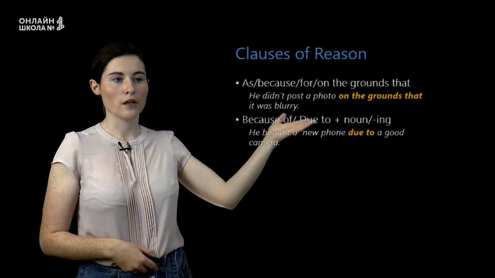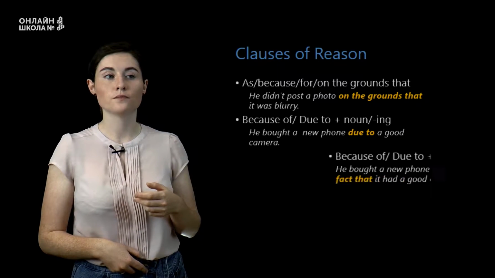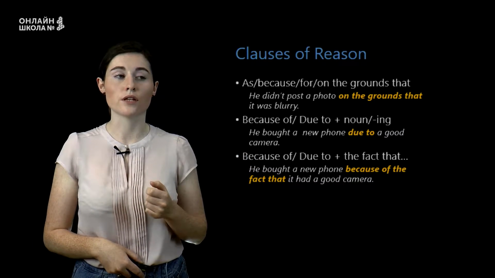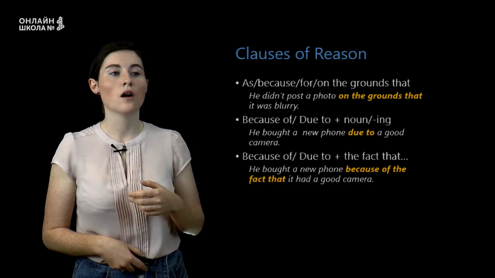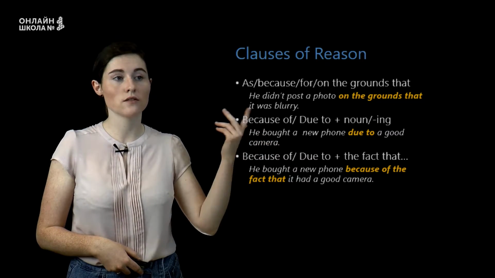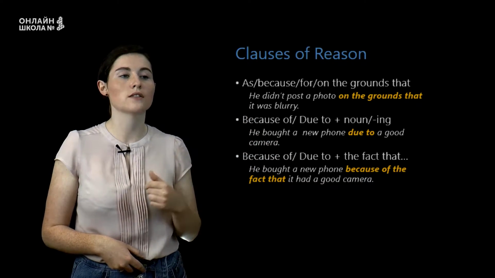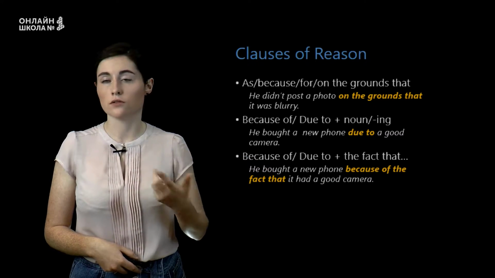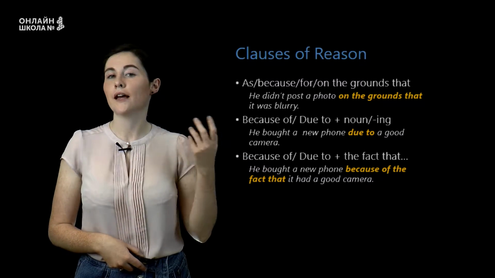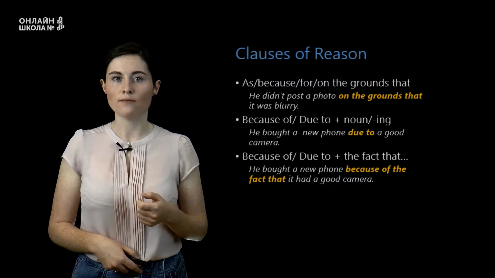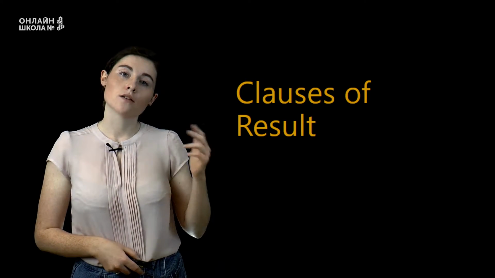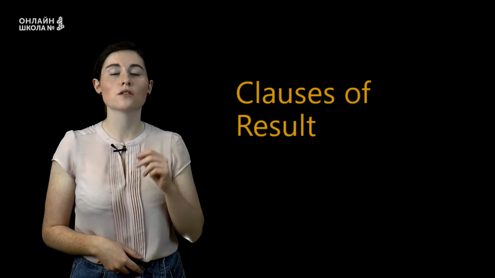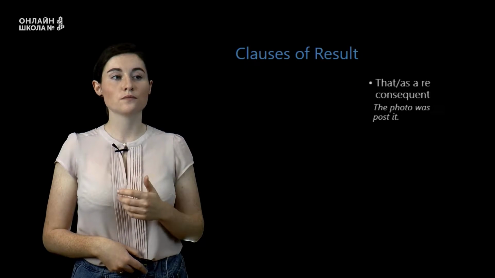So a good camera, here we have a noun. We can also say because of something, because of the fact that, or due to the fact that. The same sentence. He bought a new phone because of the fact that it had a good camera. So the last type of clauses are clauses of result.